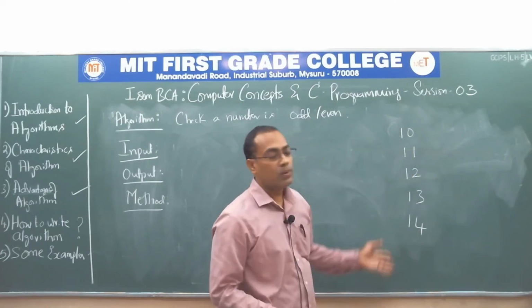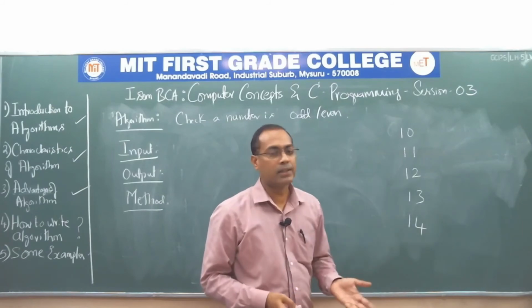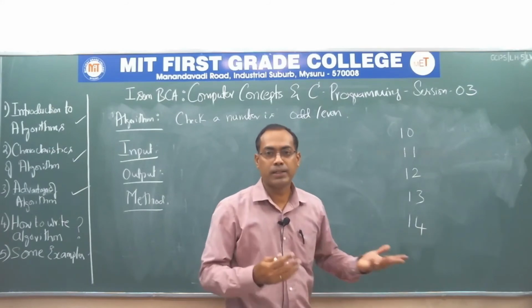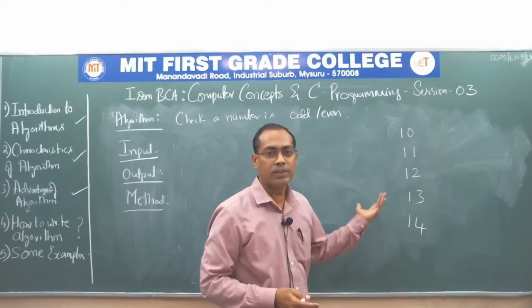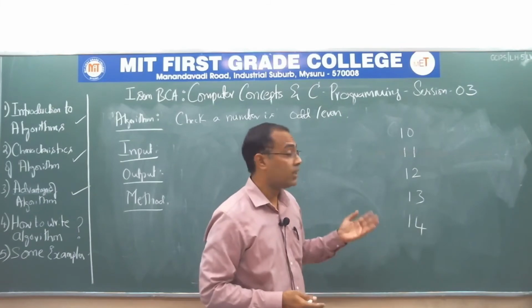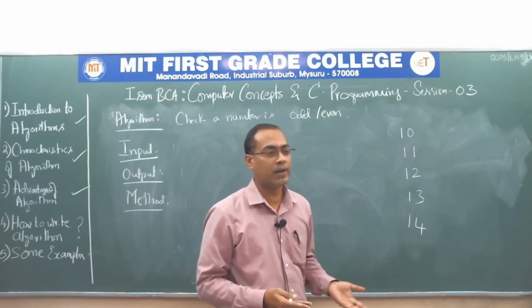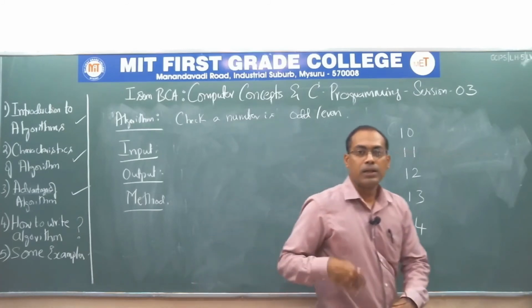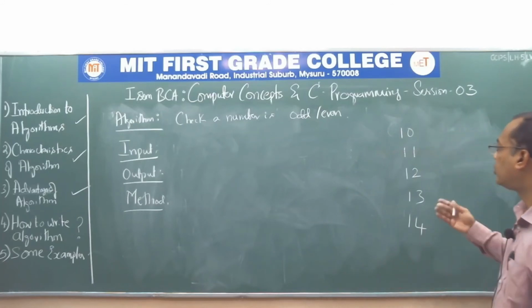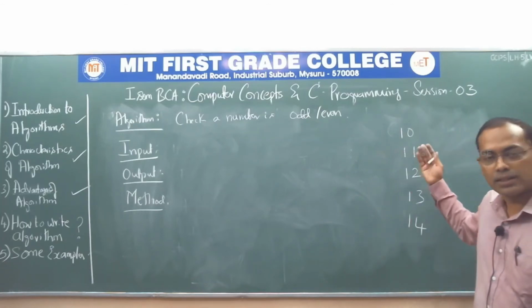Human beings are intelligent. Looking at the numbers, we can tell which are the odd numbers and which are the even numbers. But we need to make the computer understand. We need to teach the computer how to find out. So we will go with the general technique which is called the brute force way of solving this problem.